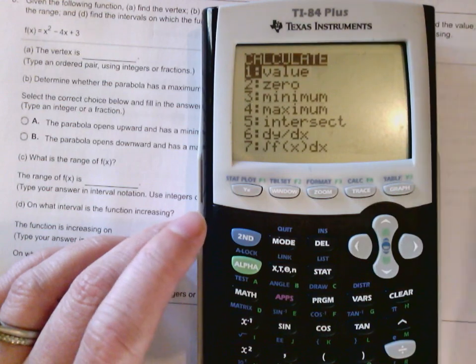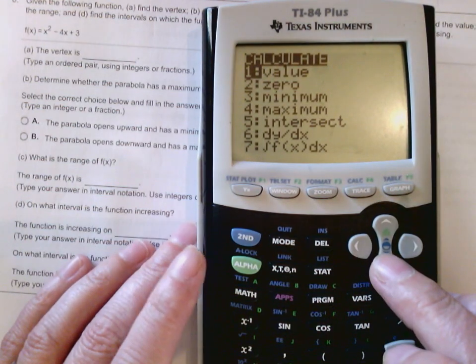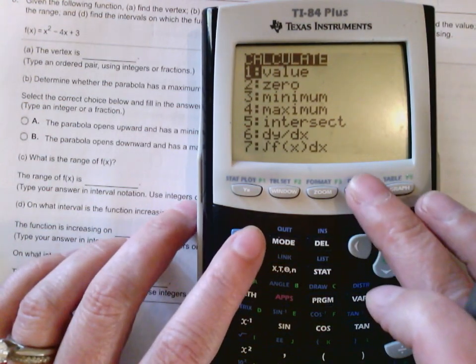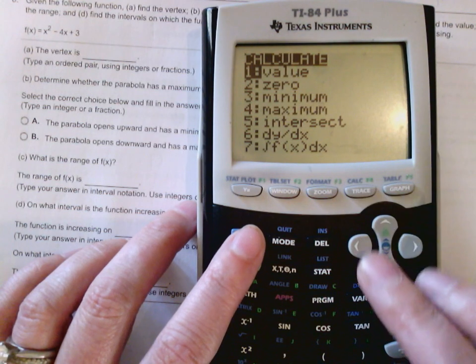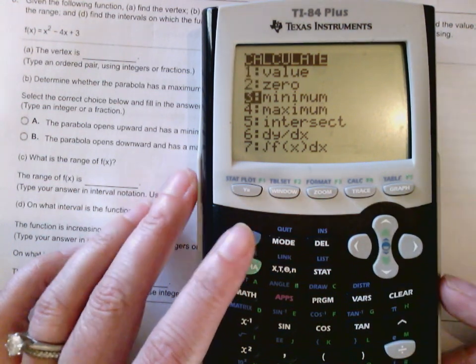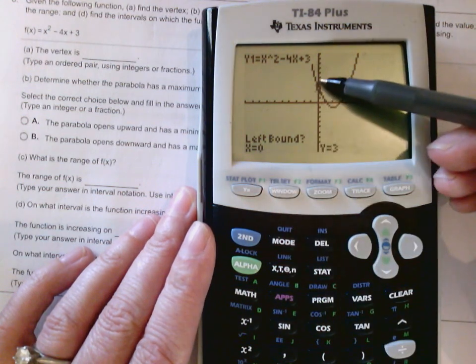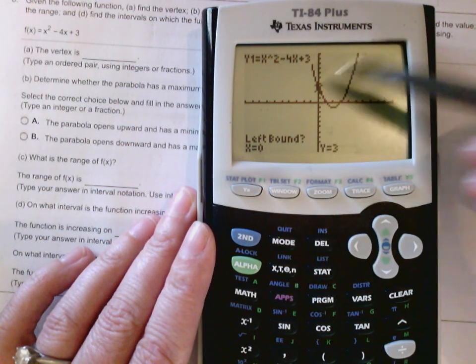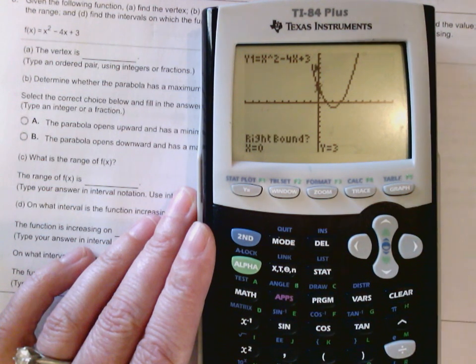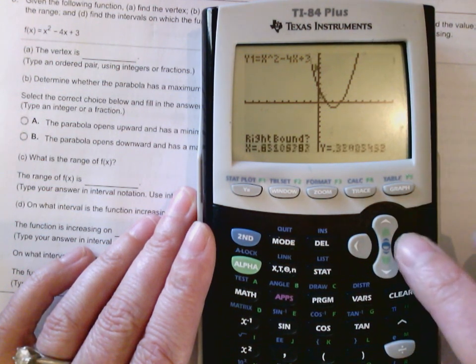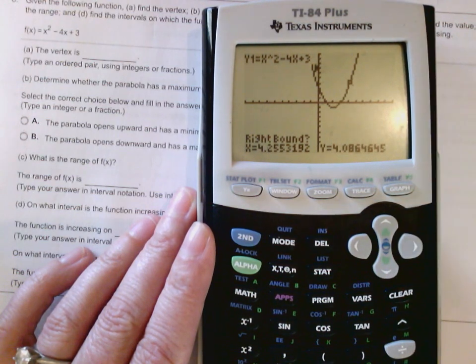So if I go to second calc, again, that was just second, and then hit the calc button, go down to minimum. And then remember, it asks me, is the cursor on the left side of the parabola? It is. You can see it blinking right there. So hit enter. Then move it over to the right side. Anywhere on the right side, it doesn't matter as long as you cross through the vertex.